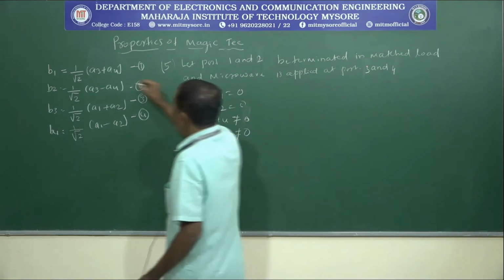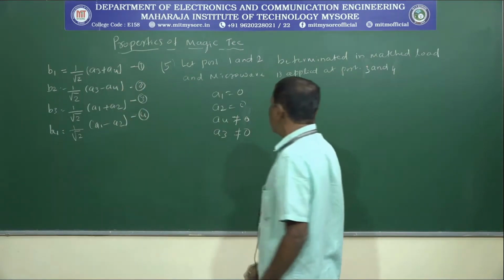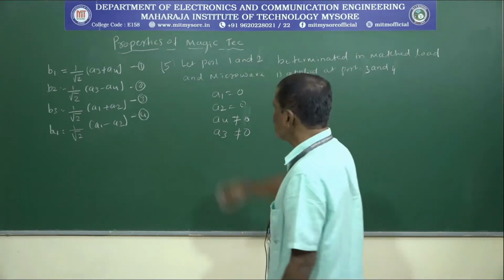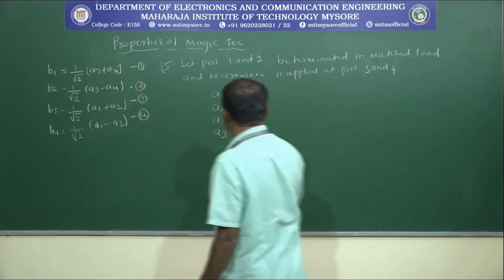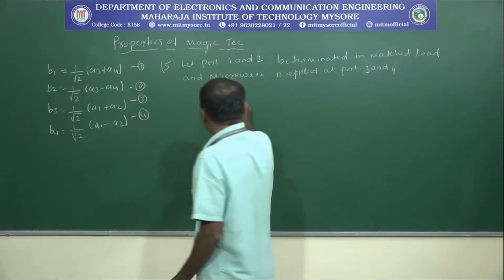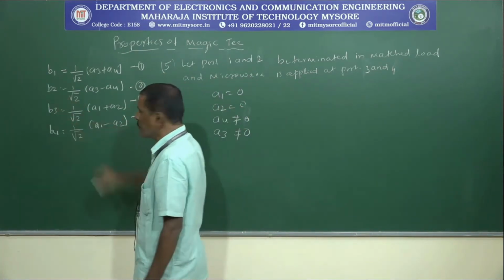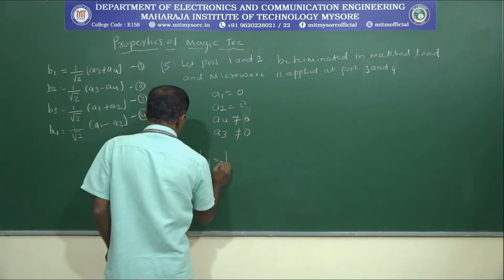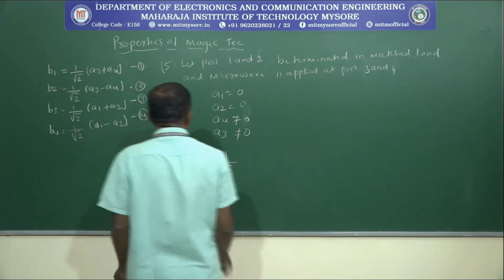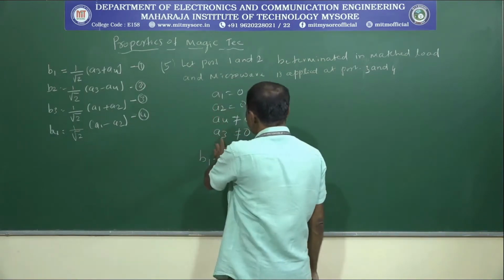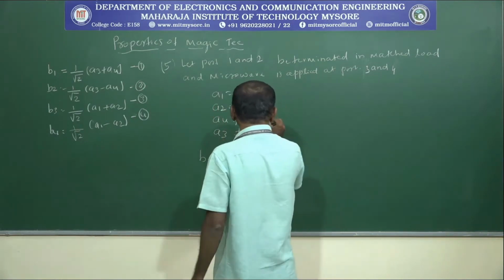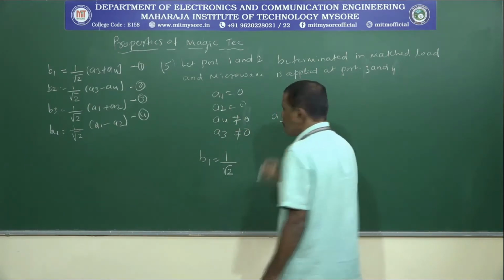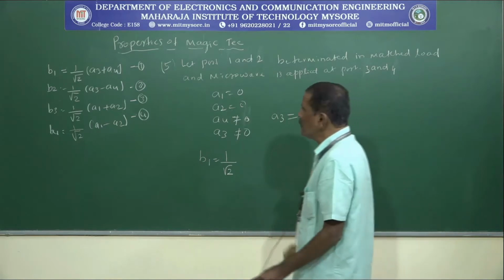Substitute these values in these equations and see what values you are getting. Because A1 and A2 are equal to 0, B3 and B4 are definitely going to be 0. Then my B1 is equal to 1 by root 2 times A4 and A3, which are not equal to 0. That means my A3 and A4 are going to be the same, A3 is equal to A4.